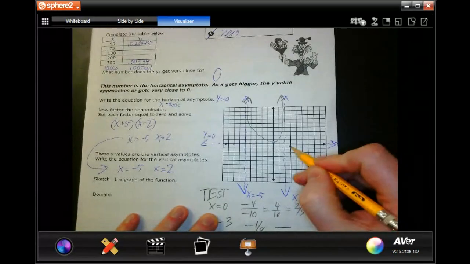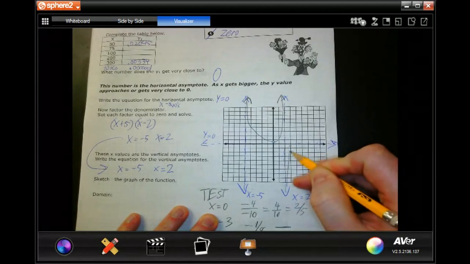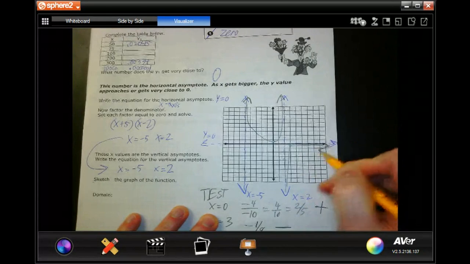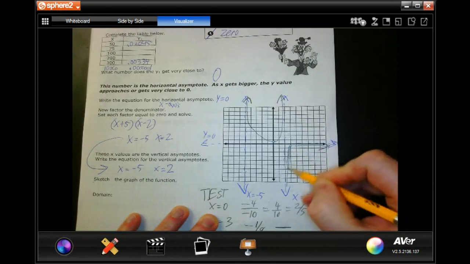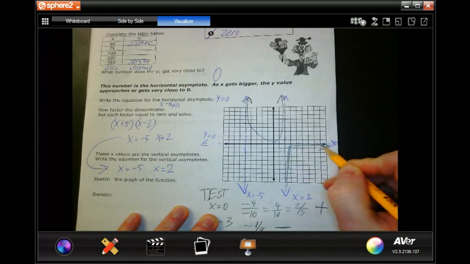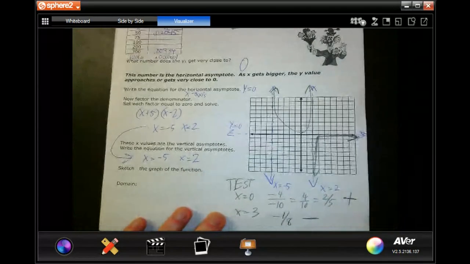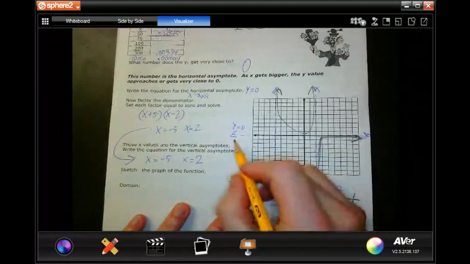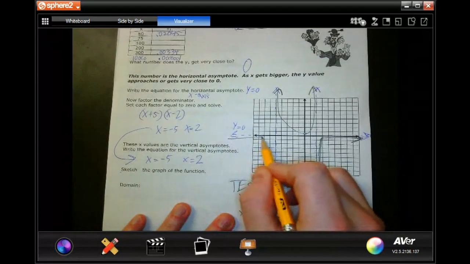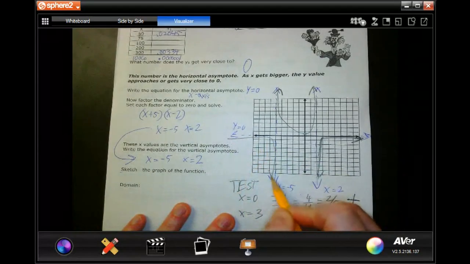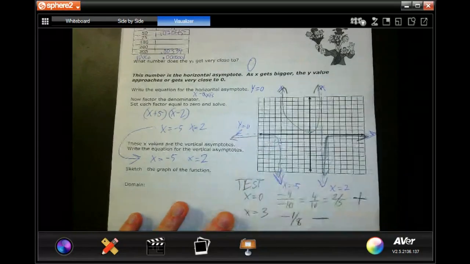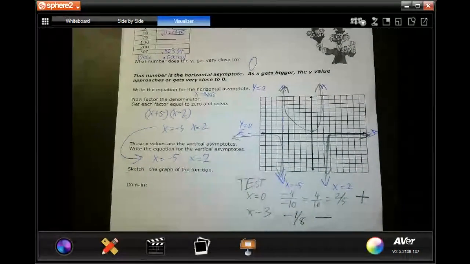X equals 3 was negative 1/8, so we're going to be right here. We're going to have a curve that you've seen before with rational functions. It's going to come like this. Didn't mean to touch the asymptote there, sorry about that. And this is what you're going to have as your sketch.